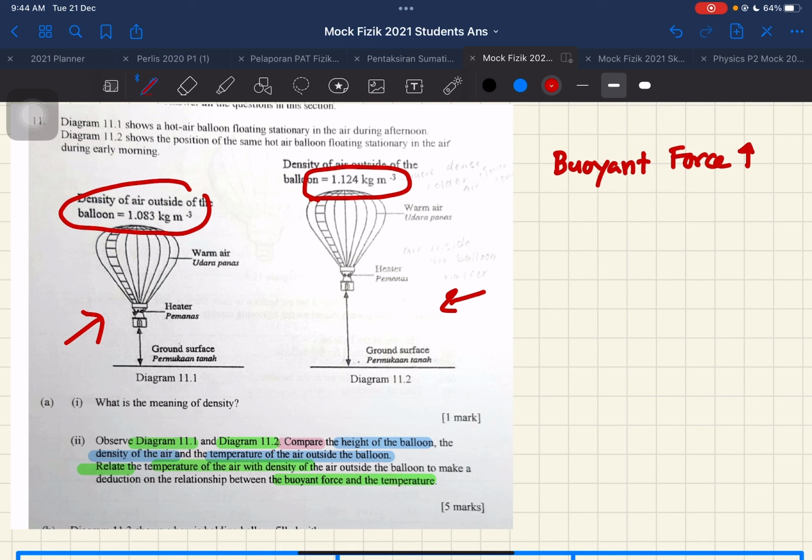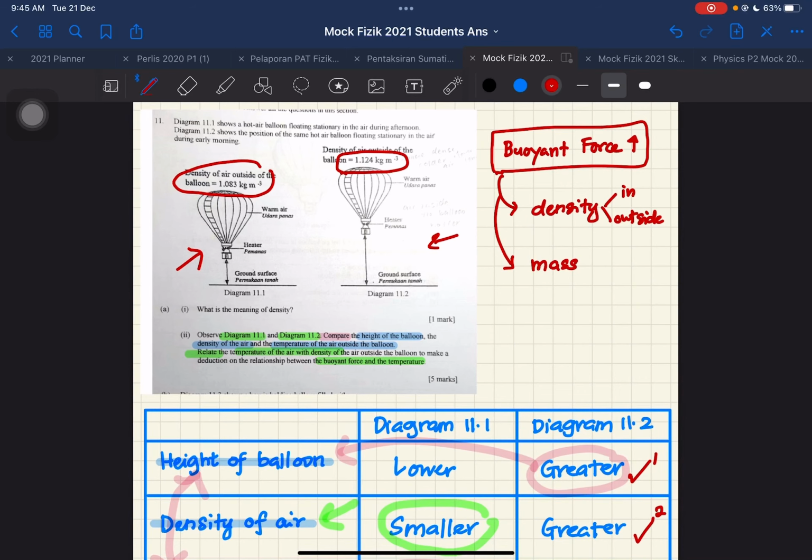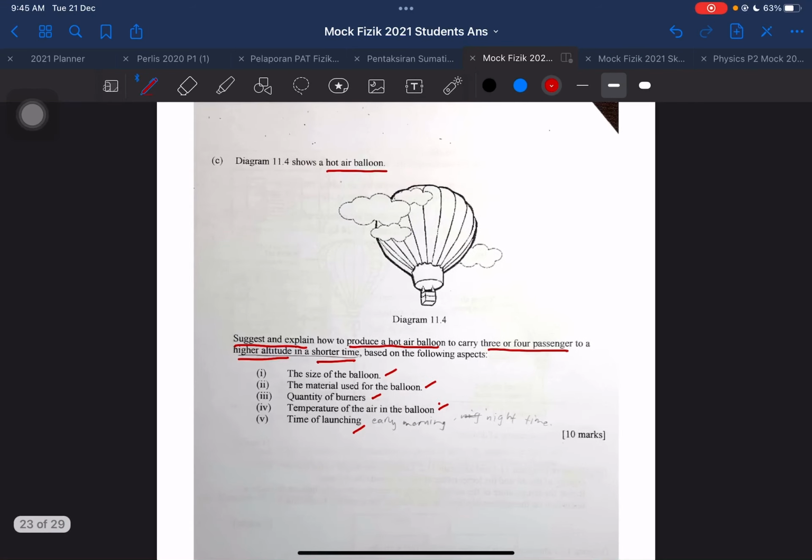In order to produce bigger buoyant force, it will relate to the density of the air in the balloon and the density of the air outside the balloon. So here will be in and outside the balloon. And then the other one that will also affect is the mass or the weight of this part.